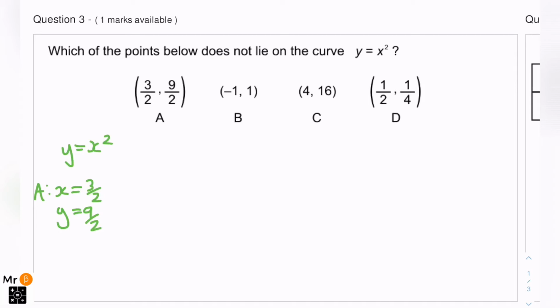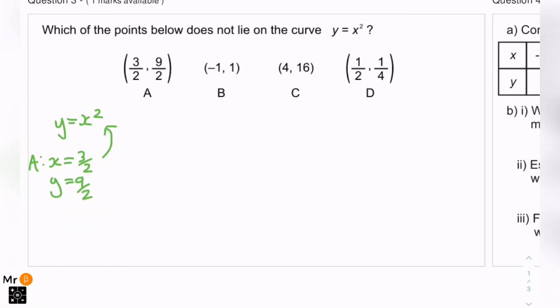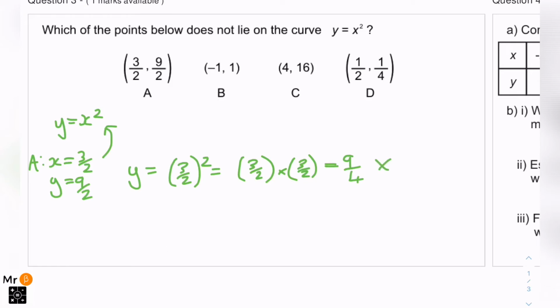So if we substitute our x value into our equation, we would get y is equal to 3 over 2 squared, which is the same as 3 over 2 times 3 over 2, which is equal to 9 over 4. That does not equal my y value, so therefore A does not lie on the curve.